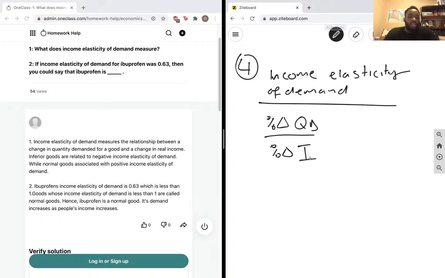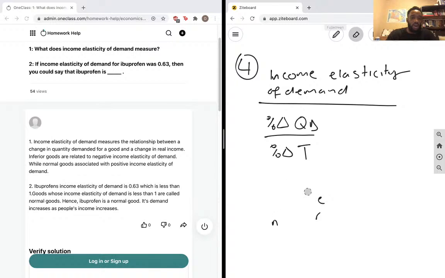Inferior goods are related to negative income elasticity of demand. So if this is equal to a negative number, meaning quantity demanded does not change that much with an increase, then it is an inferior good.